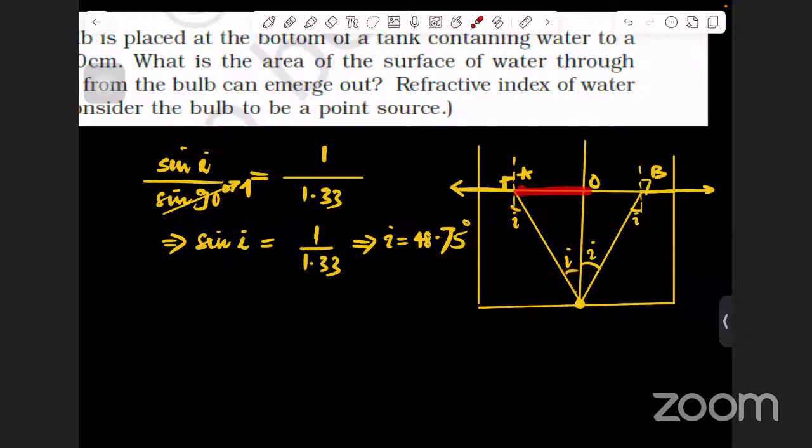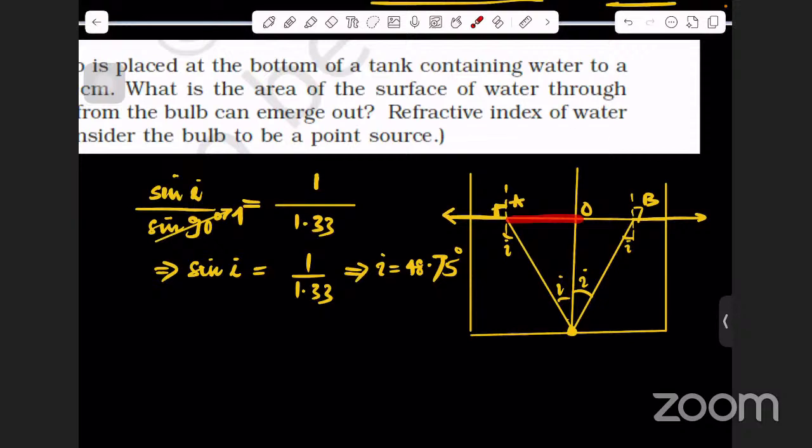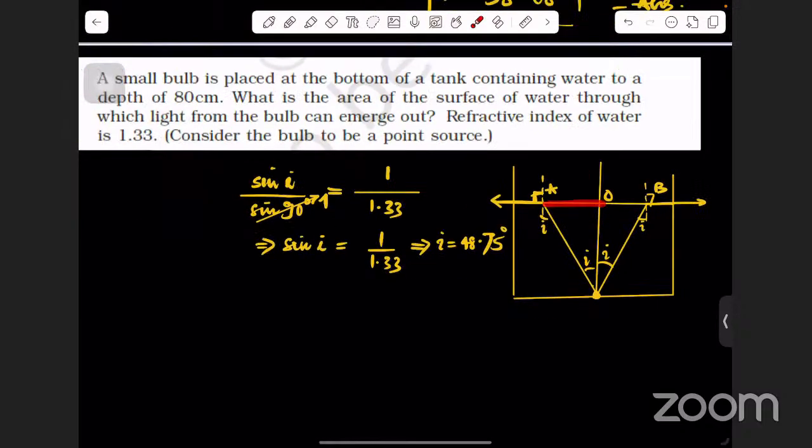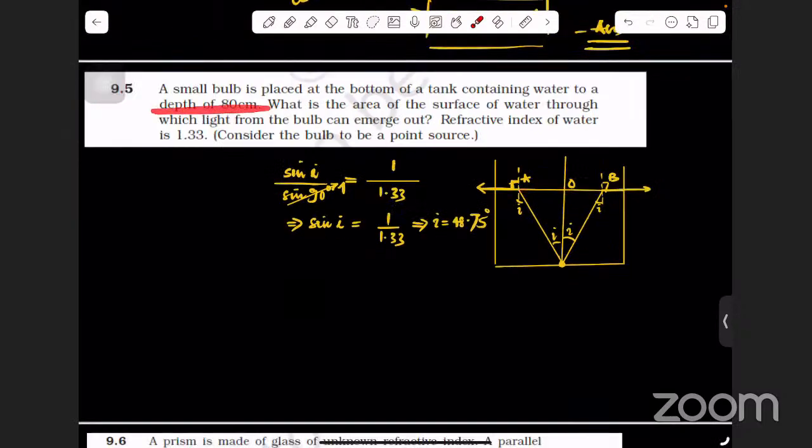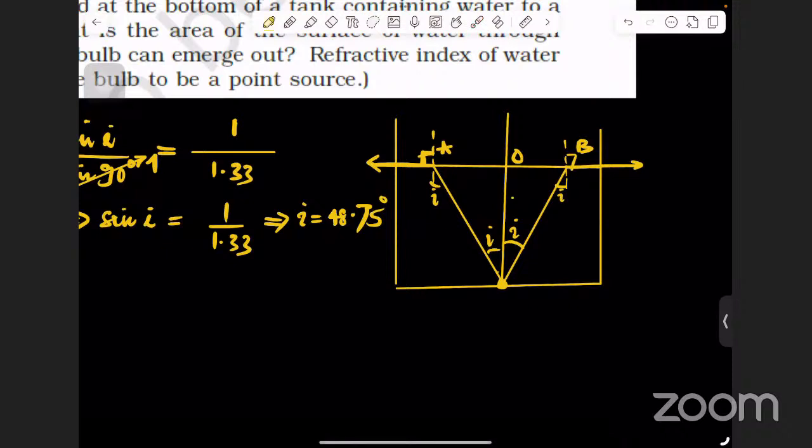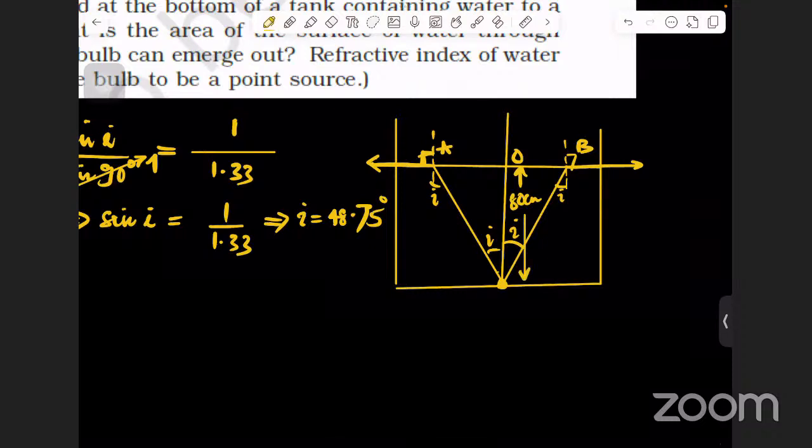And we need to find this radius for finding the area. And we have been given the depth as 80 centimeters. That means this length is given as 80 centimeters to us. Right. So it's very clear from simple trigonometry that if I find tan I, which is OA upon, let's say, point P, right?